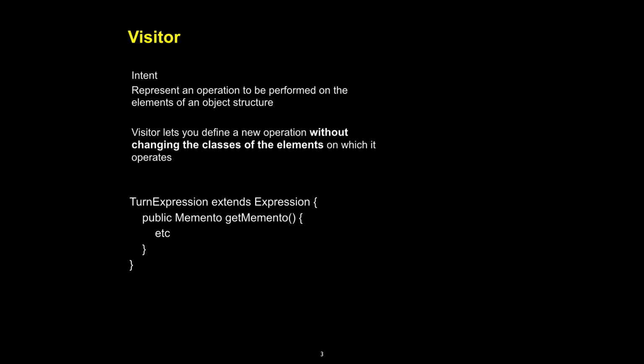Now, what happens if one of those visitors in the future needs some data from our structure that we didn't know the visitor really needed? Do we go back and modify the structure to add another method so this particular visitor can actually access that thing? But that sort of violates the whole point of the visitor pattern.